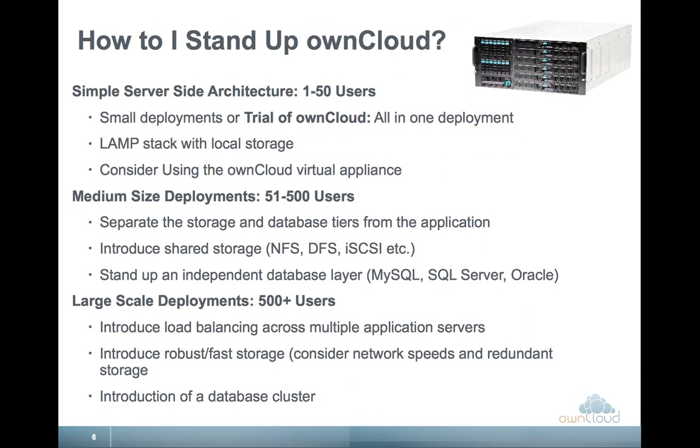But again, other than the separation of the tiers, the deployment is still relatively flat, relatively simple to manage. You're simply extracting these things out so that you can size your database server, size your storage accordingly, and not have that tied directly to the application server.